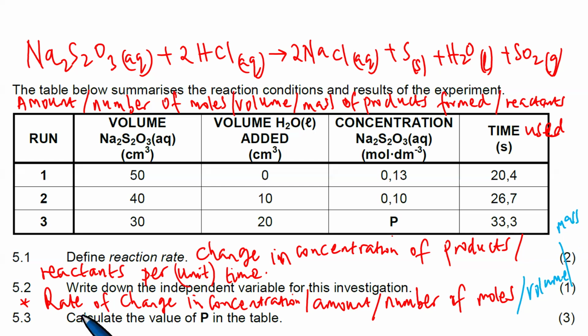This last definition is very important because it gives us the formula for reaction rate. So what is reaction rate? Rate of change in concentration, or in amount, or in number of moles, or in volume. So the rate of change relates to concentration, number of moles, volume, or the mass. Move on.